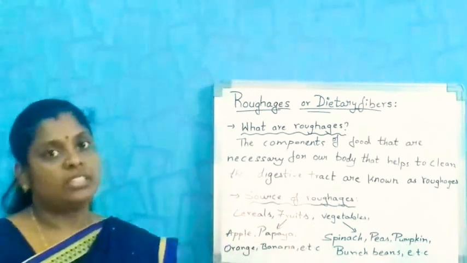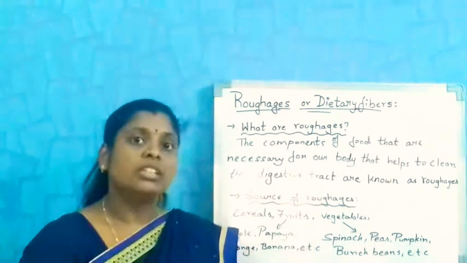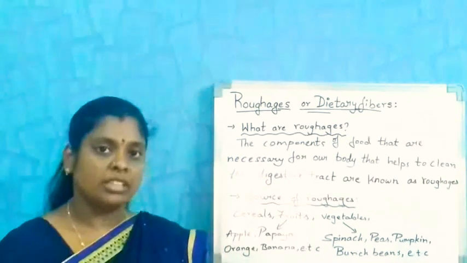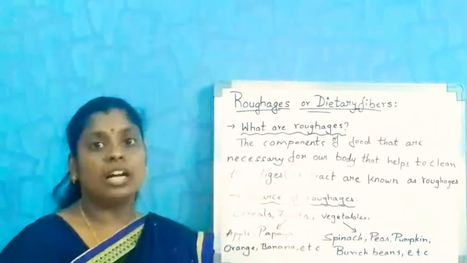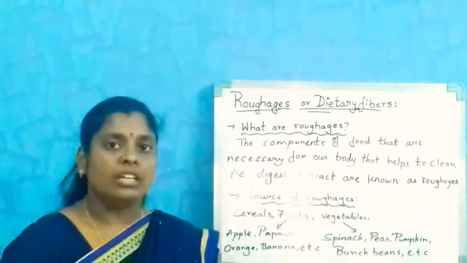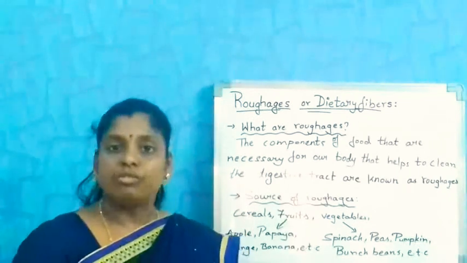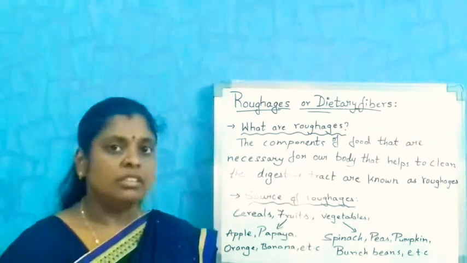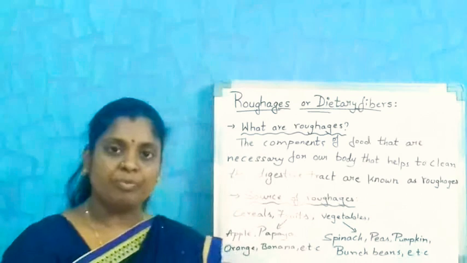If you add these fiber fruits in our regular life, that helps to clean our stomach and keep us healthy. We have a habit of peeling fruits like kheera, which can be eaten raw directly.